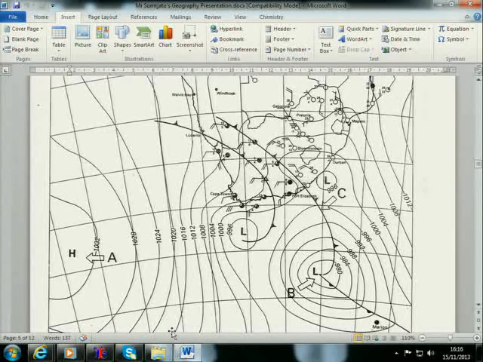Let us go back again, where we were talking about the characteristics of the mid-latitude cyclone. We said the mid-latitude cyclone affects the land during winter.